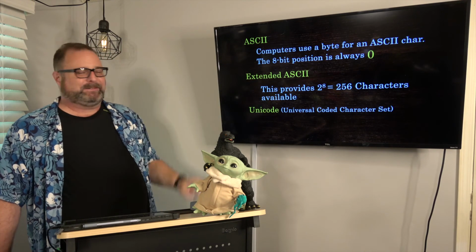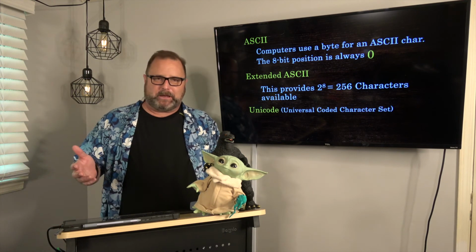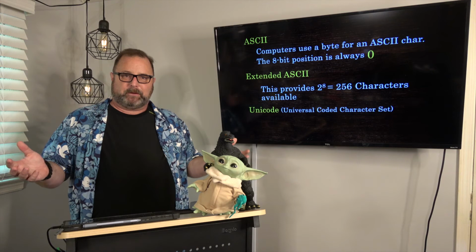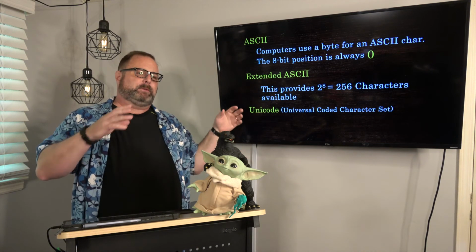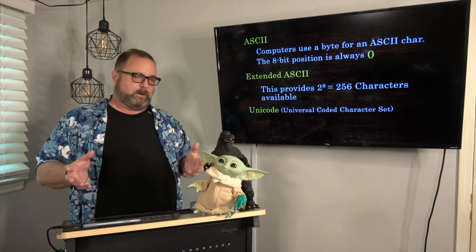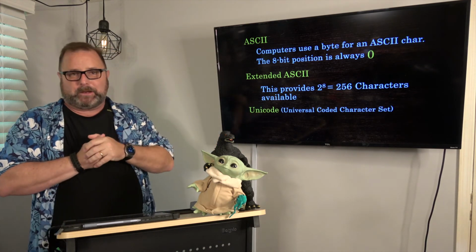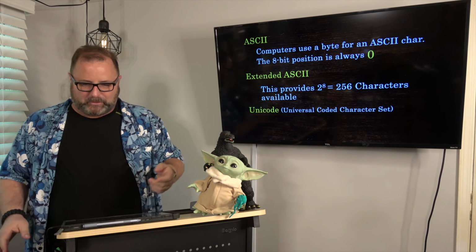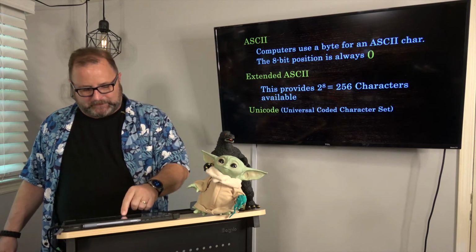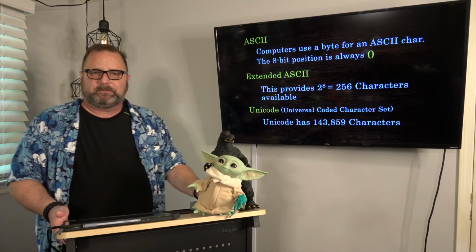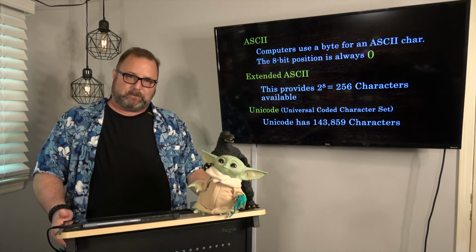Okay? That still wasn't enough because you've got Cyrillic characters, you've got Chinese characters, you've got all these different languages out there. So we've come up with a new standard called Unicode, which is appropriately named the Universal Coded Character Set, which now has all kinds of bytes available. In fact, current Unicode has 143,859 available characters.